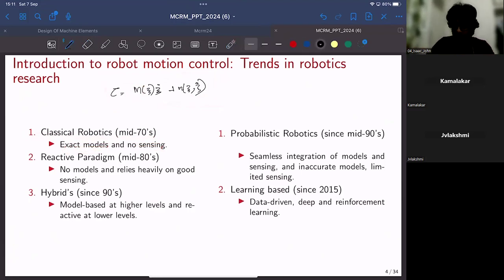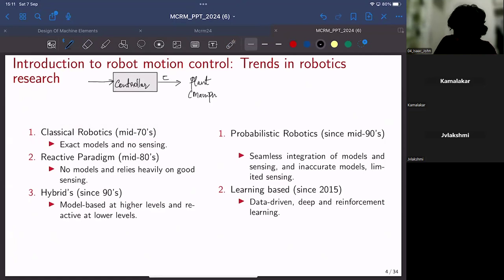And just to give a brief overview, a typical control loop would look something like this. It applies to any system actually. So we have over here a controller. The controller will act on the signal that it receives from one end, and it will give the control signals, for example tau, to the plant, which in our case we can consider to be a manipulator.